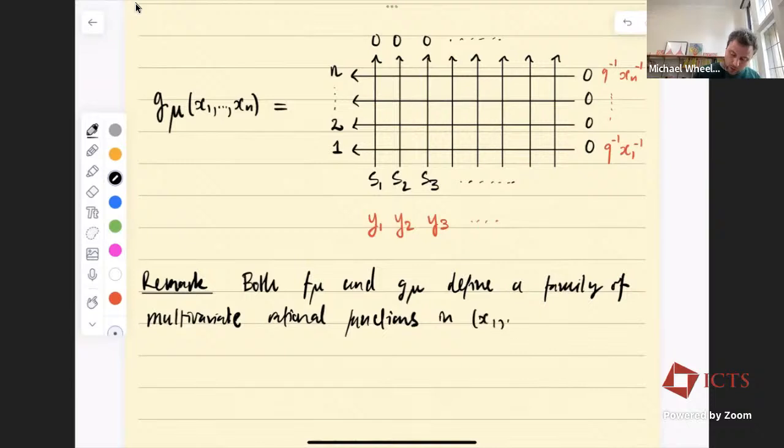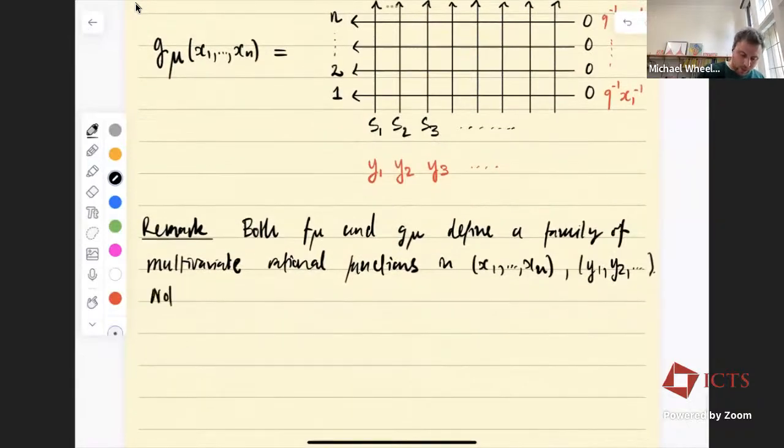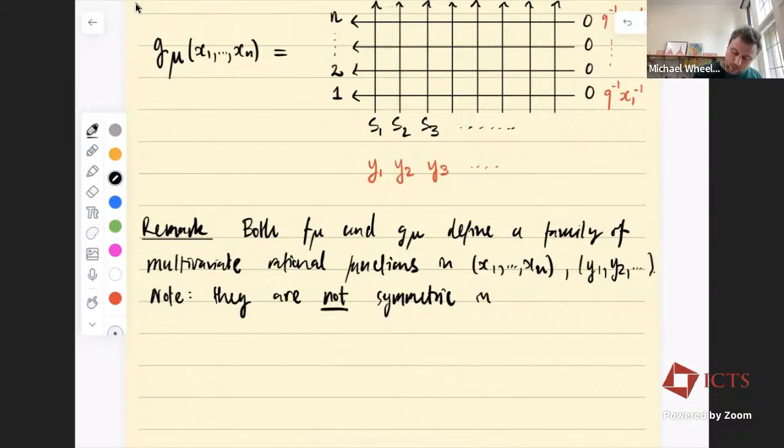So in x1 up to xn, and also in the y's. However, and important to note, they are not symmetric functions. Actually, in either alphabet. But in particular, they're not symmetric in x1 up to xn.